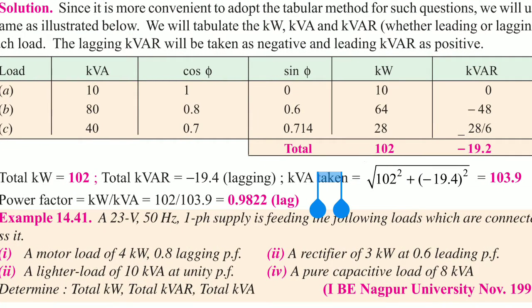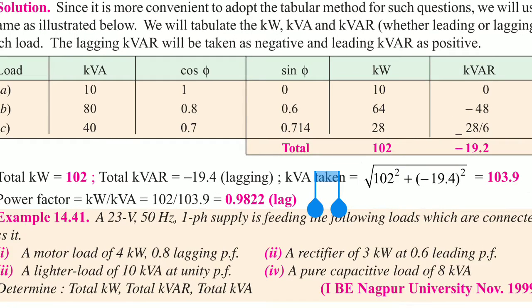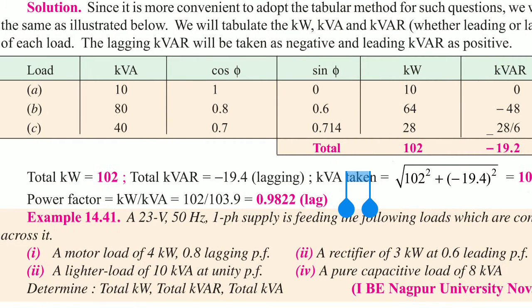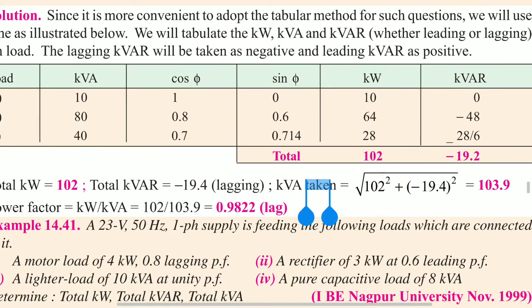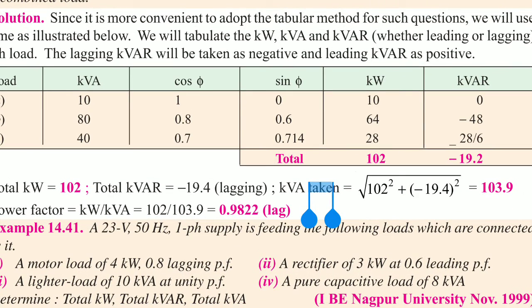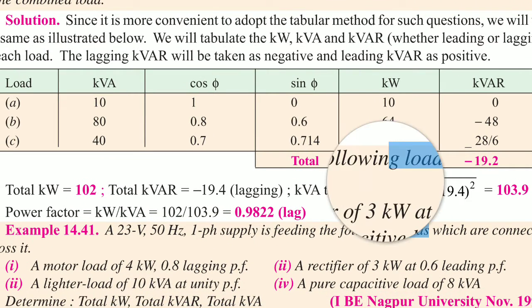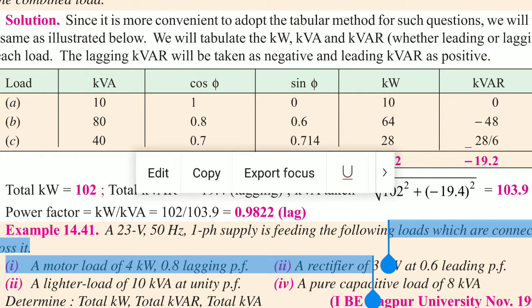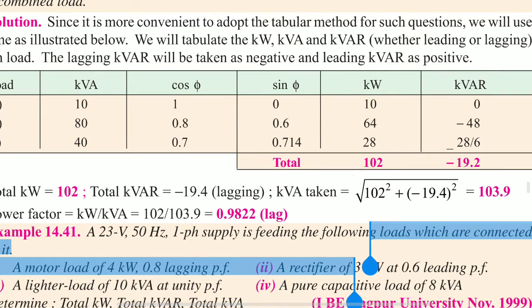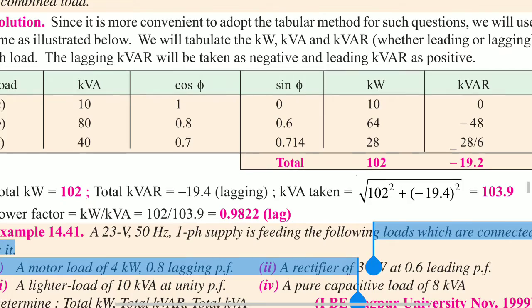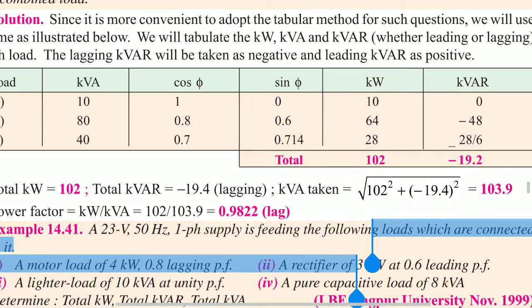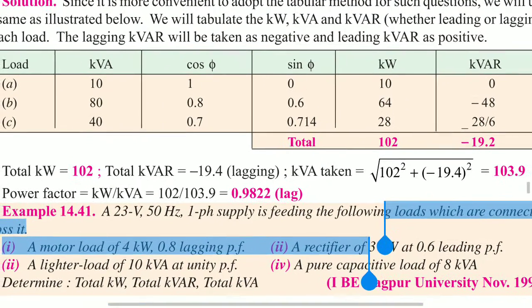So the total load in kilowatts is equal to 102, and the kVAR is minus 48 plus 28.6, which gives minus 19.4.